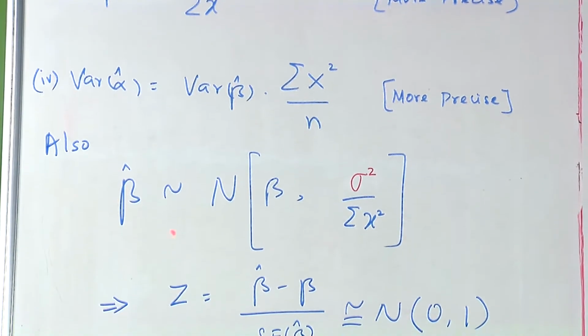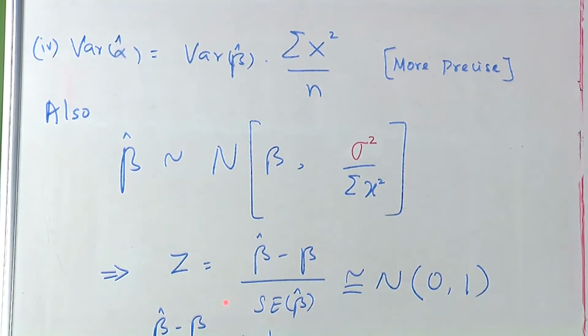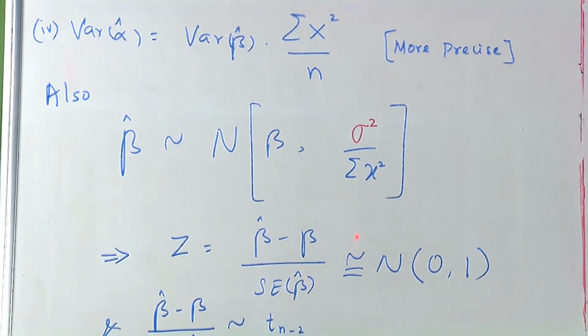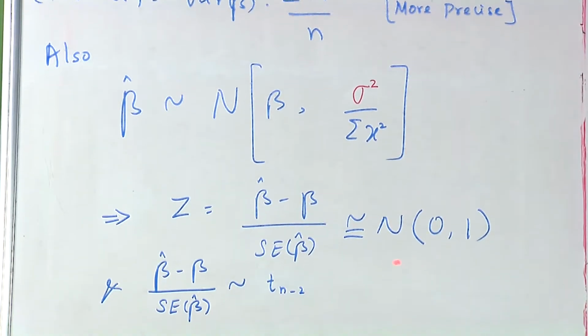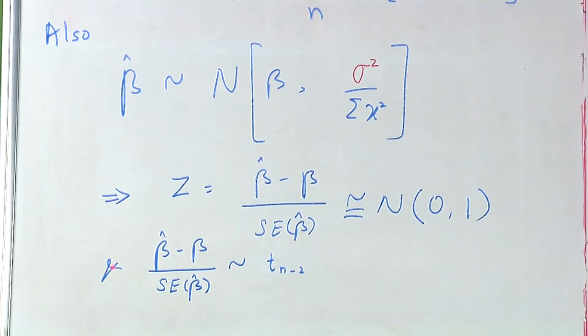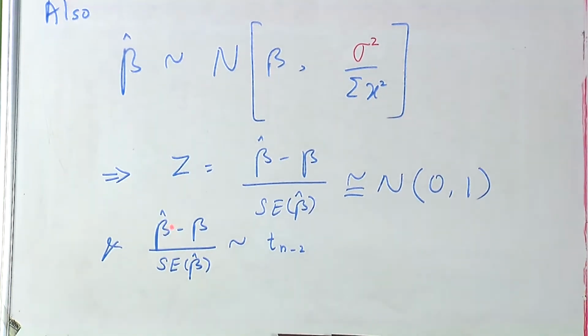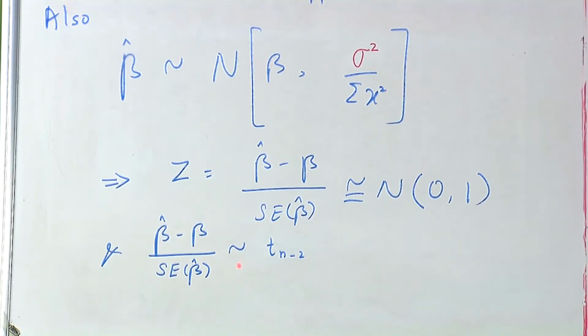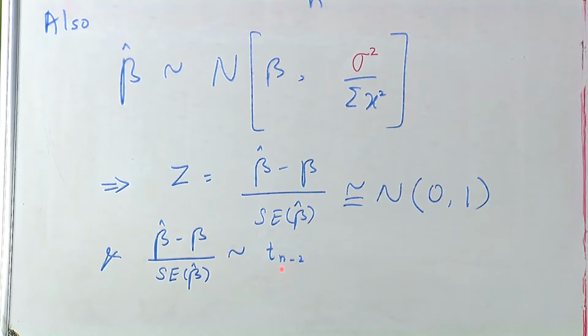Therefore, z equal to beta hat minus beta divided by standard error of beta hat follows a standard normal distribution. And also, from the statistical theories, beta hat minus beta divided by standard error of beta hat for small samples follows t distribution with n minus 2 degrees of freedom.